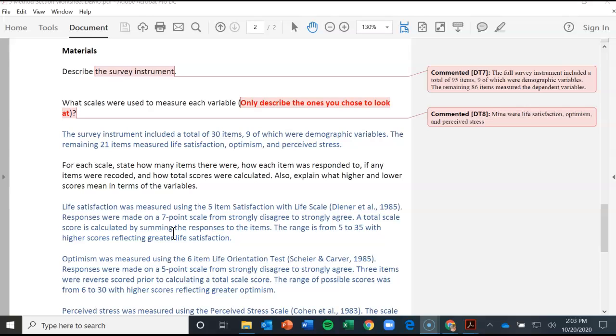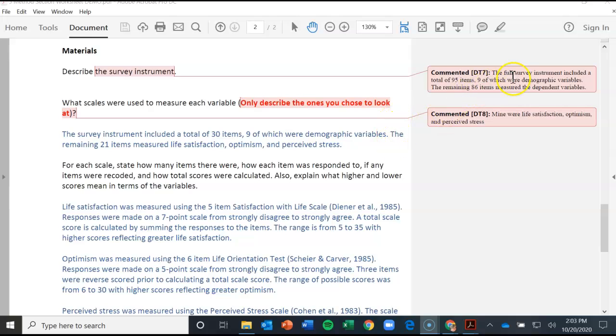Now, why do we do this? We do this so that the next person down the road who really wants to understand your research and may want to replicate it knows exactly how you did the work that you did. So I note here, and I put here in red on my demo sheet, only describe the ones that you chose to look at.